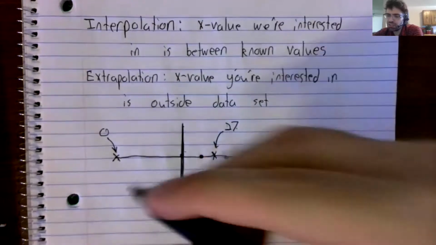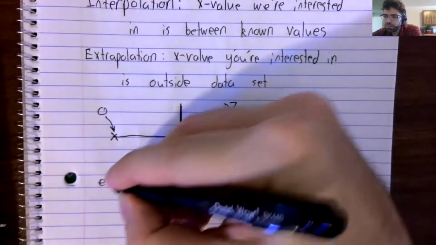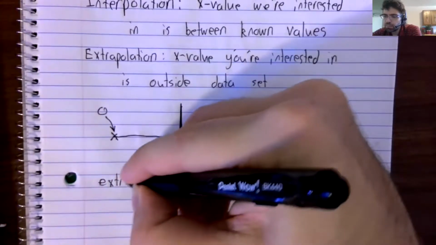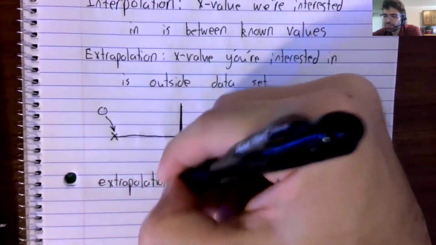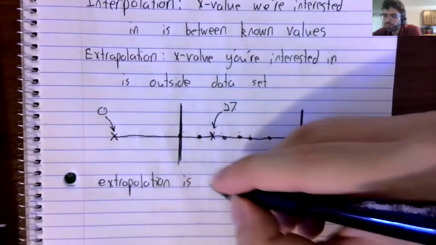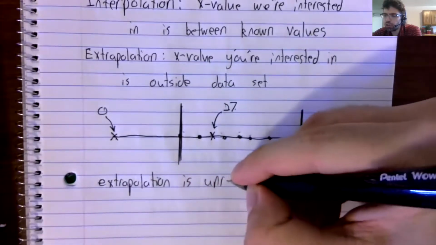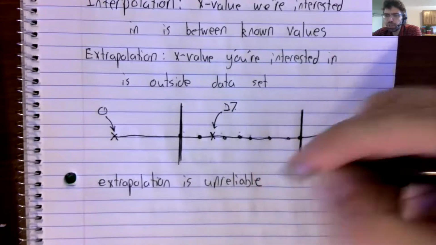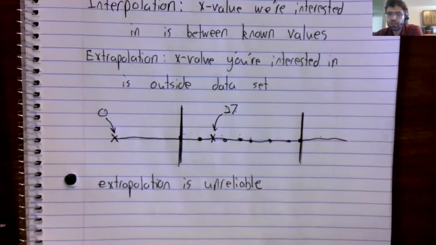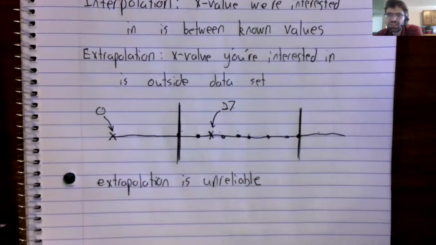And what we saw is that extrapolation is unreliable. We should be very cautious of any extrapolation we want to do.